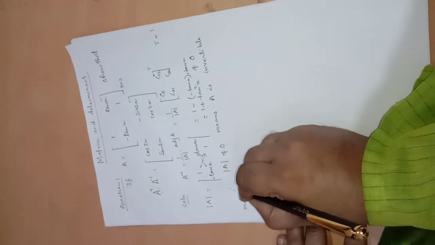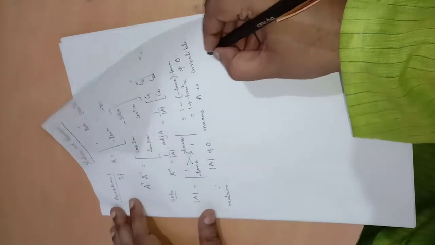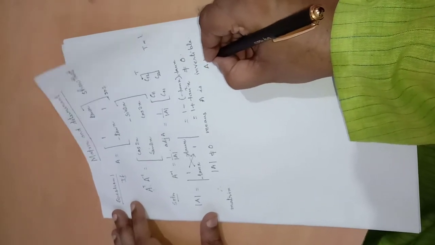A is an invertible matrix. What is an invertible matrix? Suppose we take A and B as two square matrices of the same order.